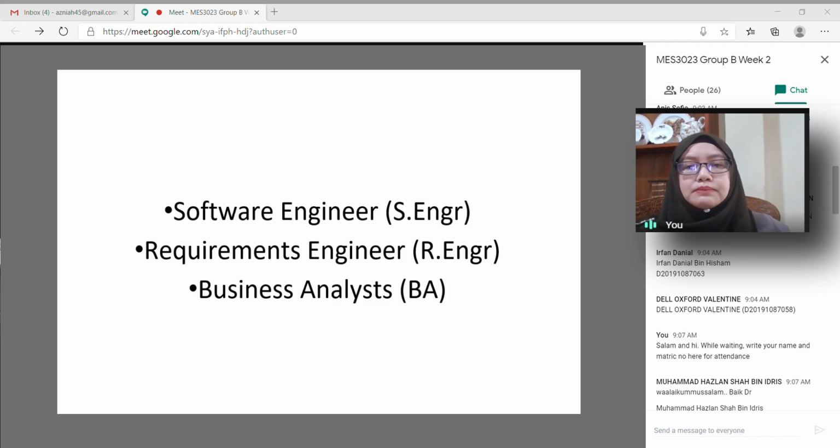And there is also business analyst, which is actually part of the requirements. When you're doing the requirement process, you will do some tasks like a business analyst. You will be analyzing the business domain, which is the first part of the requirements process. Both requirements engineer and business analyst normally look for experienced people, because experienced people have encountered lots of things that have happened, and they know what the risks are and how to negotiate.